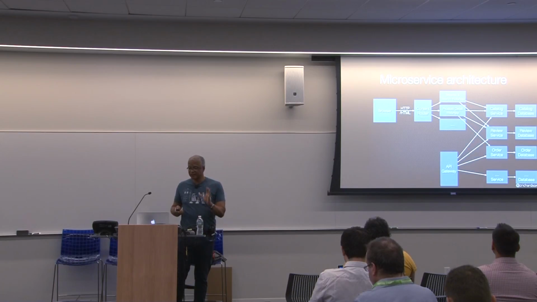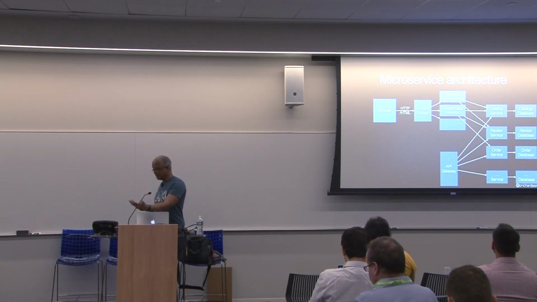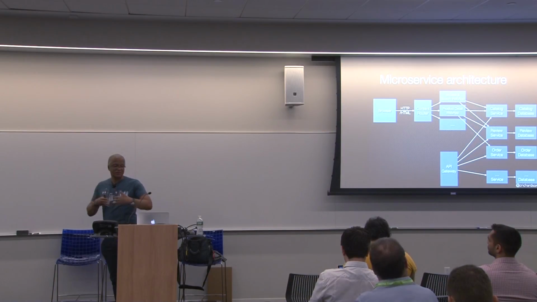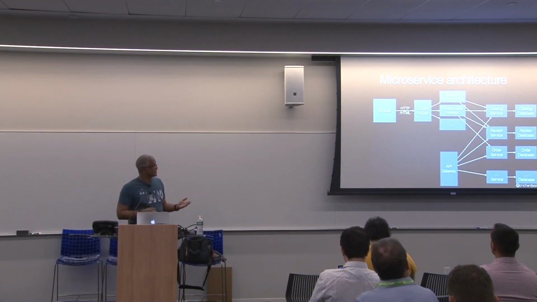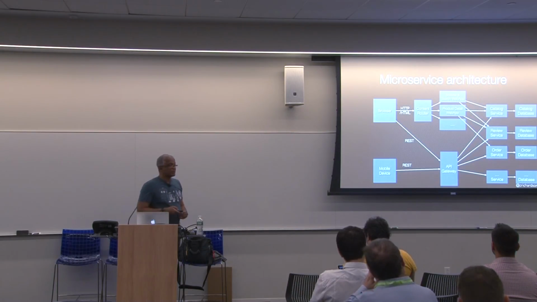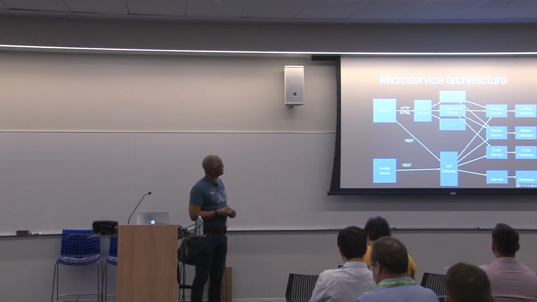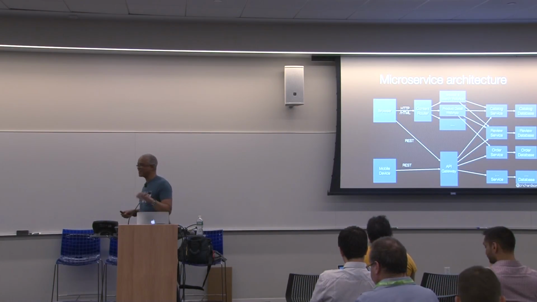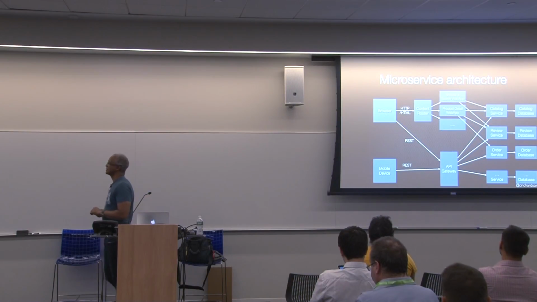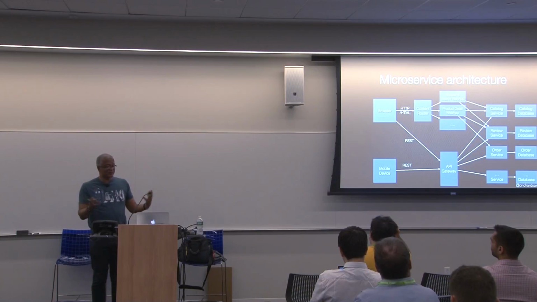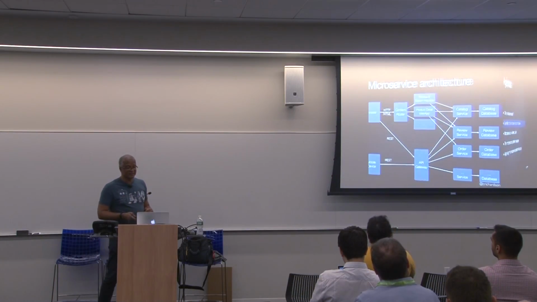And then if you're exposing an API to the outside world, you'd have an API gateway that acts as a facade and could be accessed by mobile clients or by JavaScript running in the browser. So, gosh, that's a really complex picture, right? But that illustrates one of the downsides of the microservice architecture that I'm going to talk about in a minute. So that's the essence of the microservice architecture.